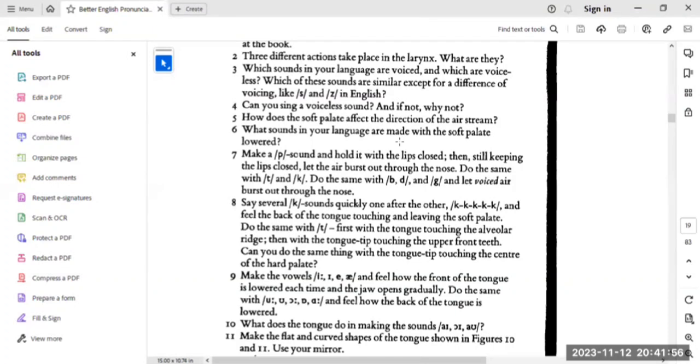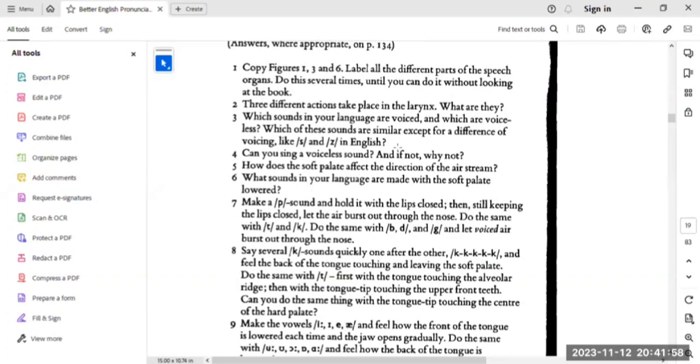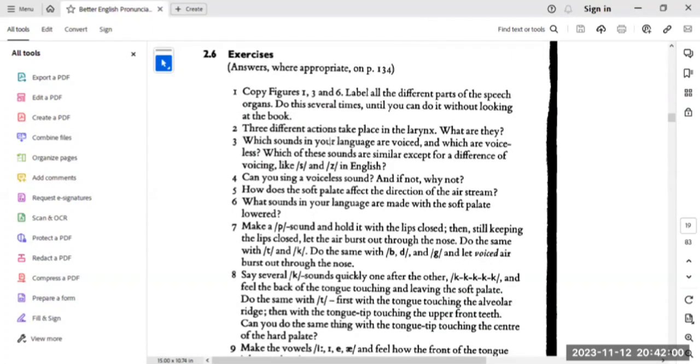So this is the first part: the voiced sounds, not the voiceless. And Hamza in Arabic means what? A glottal stop, right?